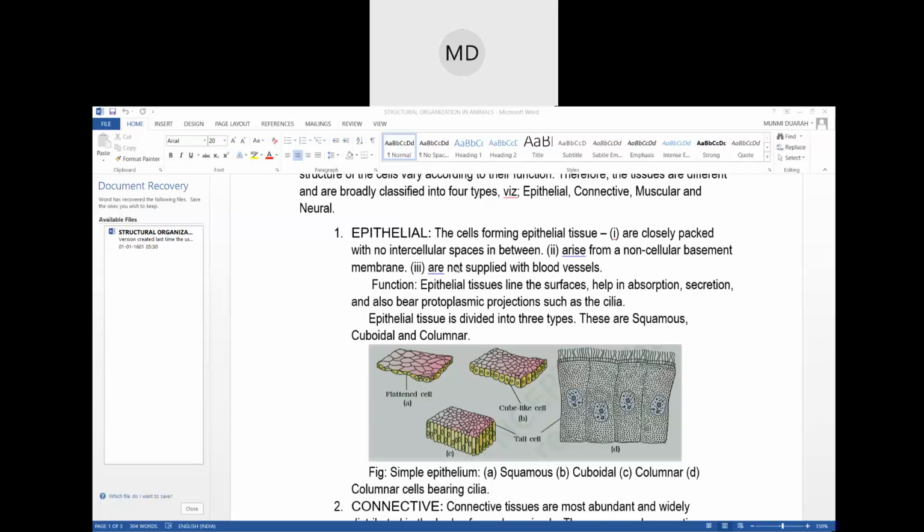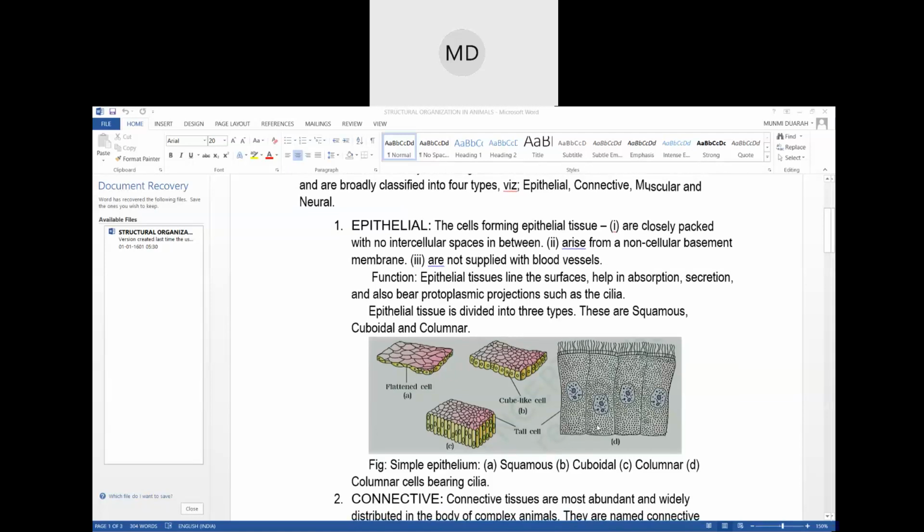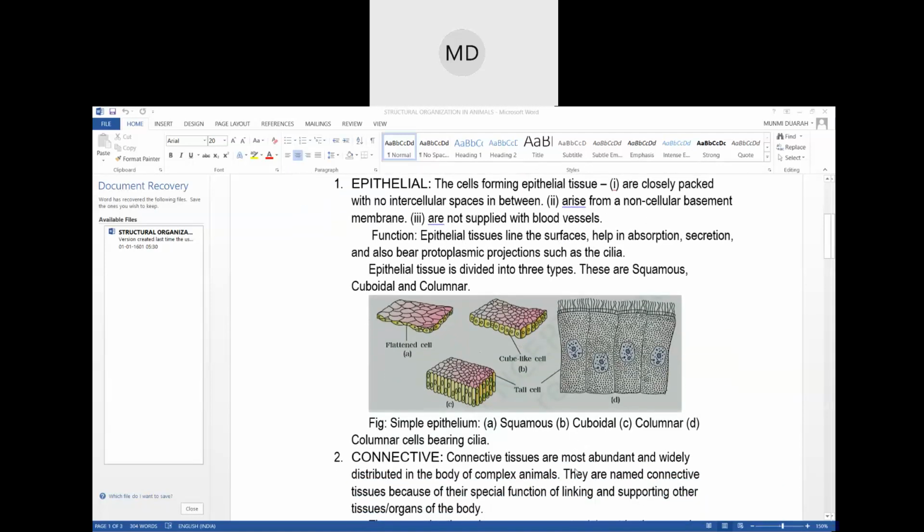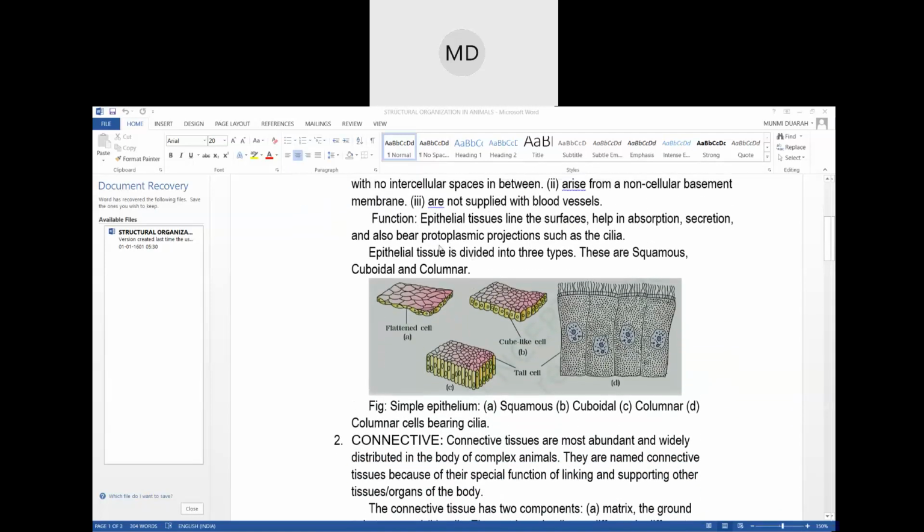It cannot be seen like this because it is miniature, but if you look under a microscope, it will seem like this. And this cilia keeps moving. Movement is there. So there are three types of epithelial tissues: squamous, cuboidal and columnar.